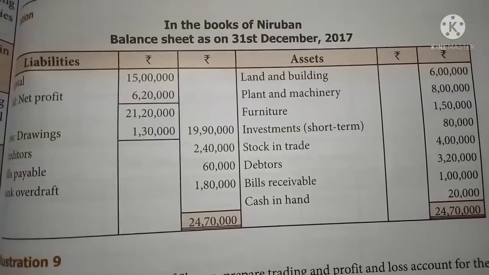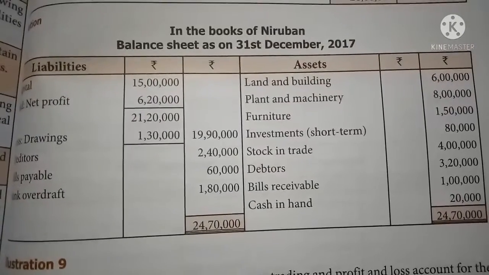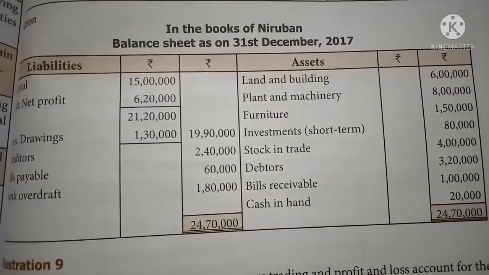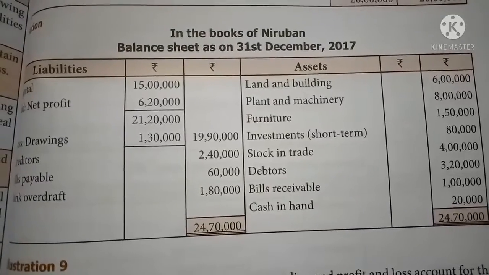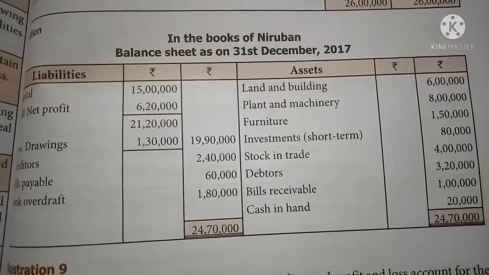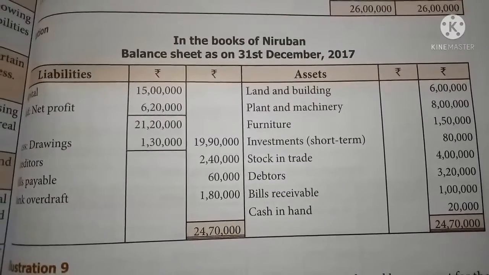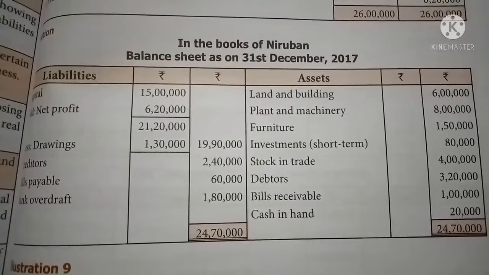Generally in the capital you can adjust net profit or net loss and drawings in order to find the correct capital amount during the year. So whenever you are preparing the balance sheet, make the adjustments in the capital amount and then write the amount in the outer column.